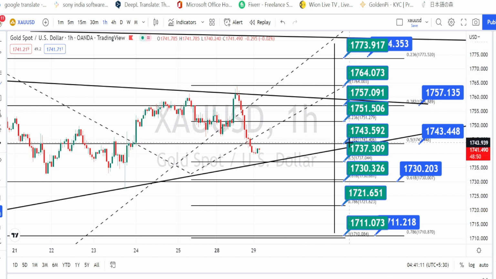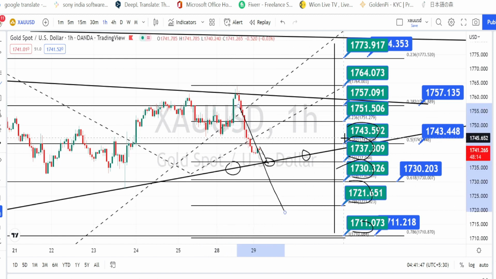Currently the price action is trading between the resistance level of 1743 to support level of 1737, and if the price action breaks this support level of 1737, next level of support is going to be around 1730, 1721 and 1711, which means that it will be breaking the trend line or the support line from the 4 hours time frame, and the bearish trend will start.